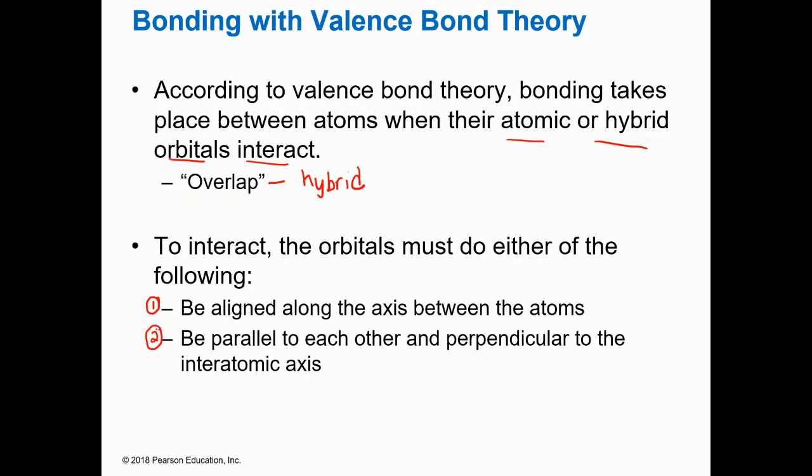You need to know those. They have to be aligned along the axis and be parallel or perpendicular to each other. Again, that's just kind of a common sense thing. They got to be close by in order to interact. So if they're perpendicular or parallel, they're in close enough contact that they can bond.